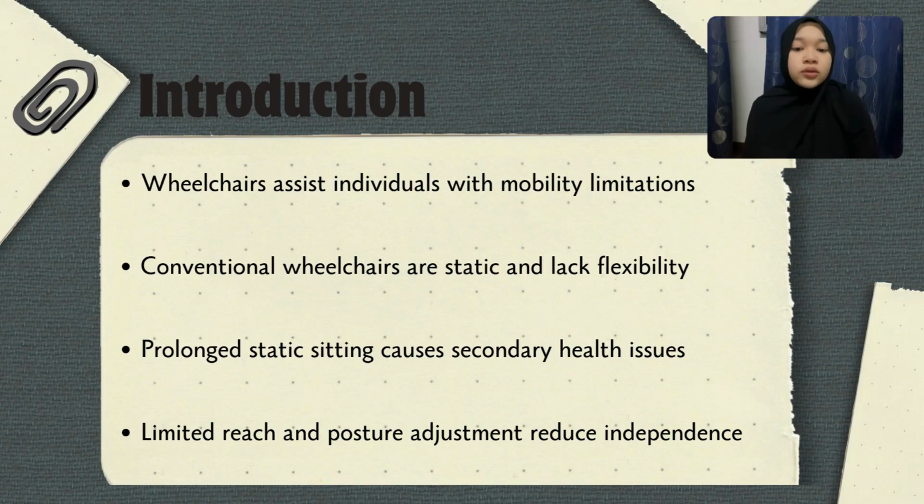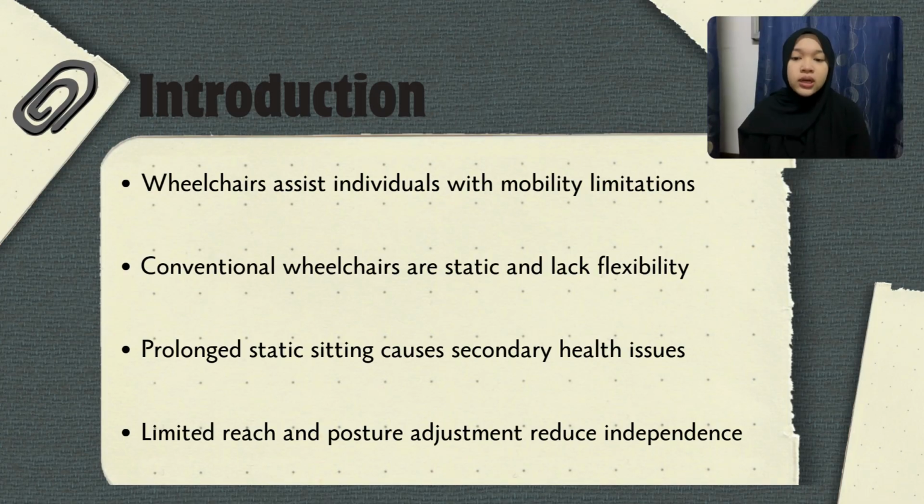However, research shows that the ability to transition between postures significantly improves lower limb circulation and reduces the risk of health issues. Additionally, static positions do not permit users reach envelope, making it difficult or impossible to reach high bookshelves or engage other people at eye level without help.